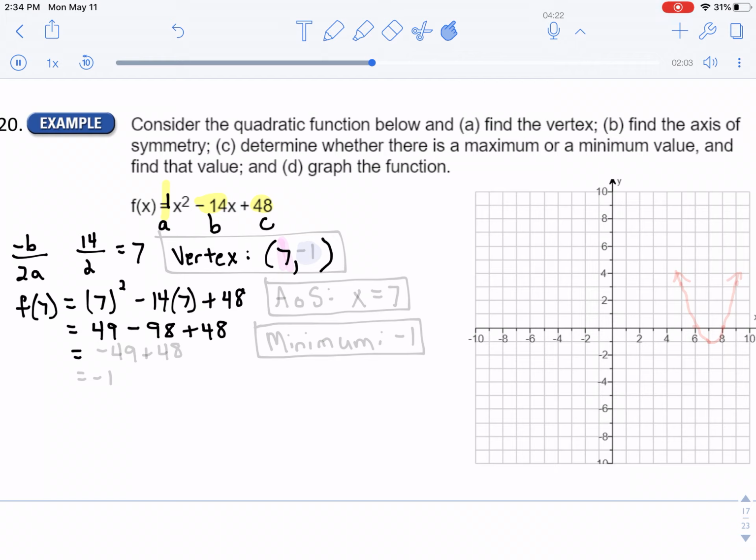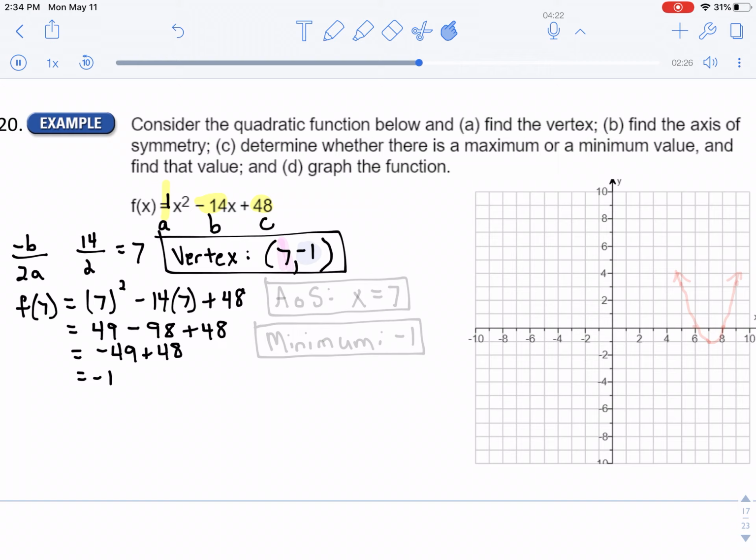And then we do adding and subtracting from left to right. So 49 minus 98, that gives us a negative 49, plus 48. And negative 49 plus 48 is a negative 1. So the y value of our vertex is negative 1. There's our vertex.